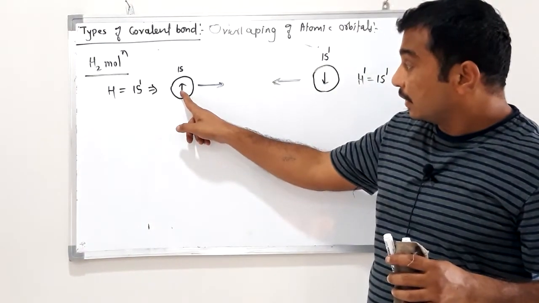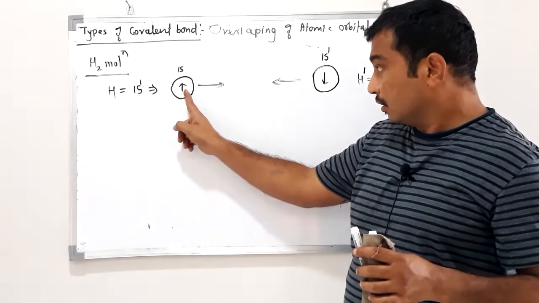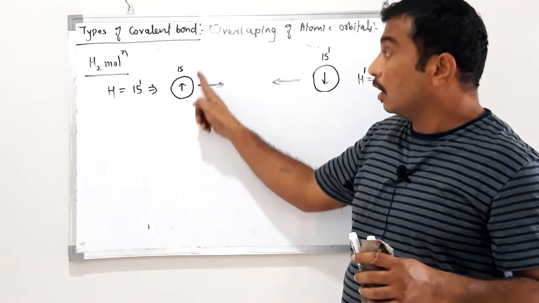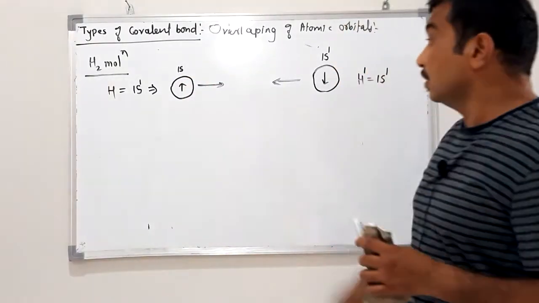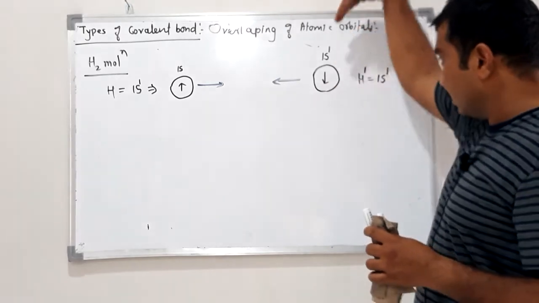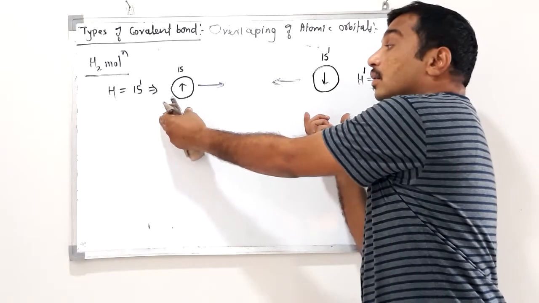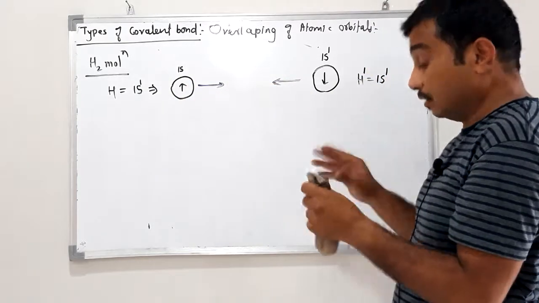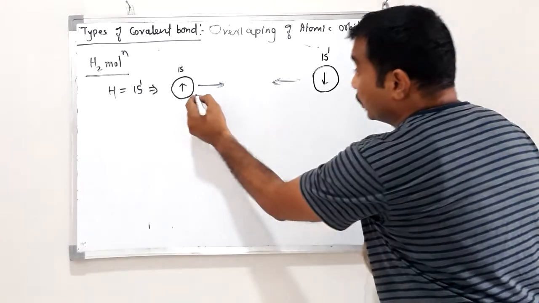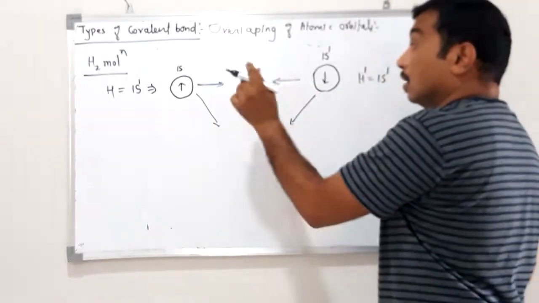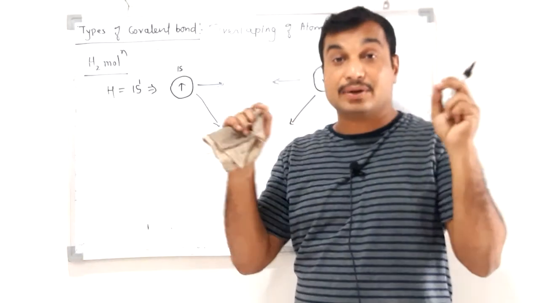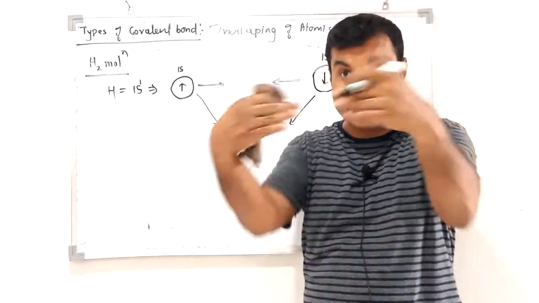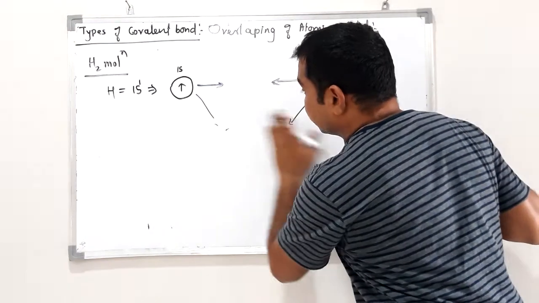See, this is the electron with upward spin, this arrow representing the spin of the electron, and this is the electron with down spin, meaning we want electrons with opposite spin and singly filled. Then these two atoms with singly filled atomic orbitals come close together and overlap, meaning join, with each other like this.